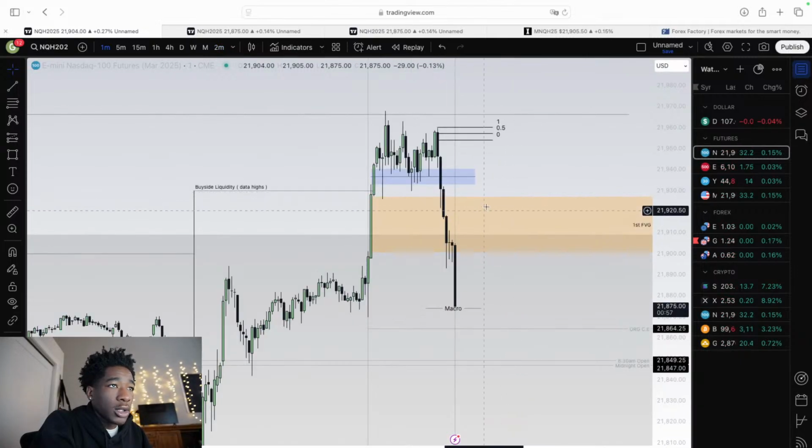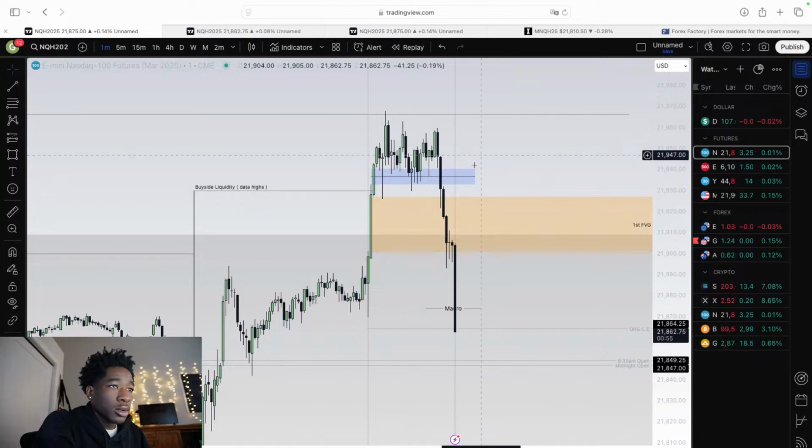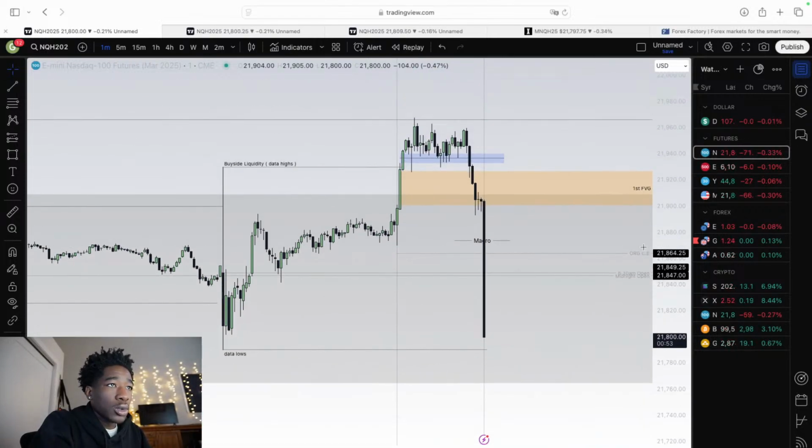Oh shit. So we took out the data lows already. Damn.